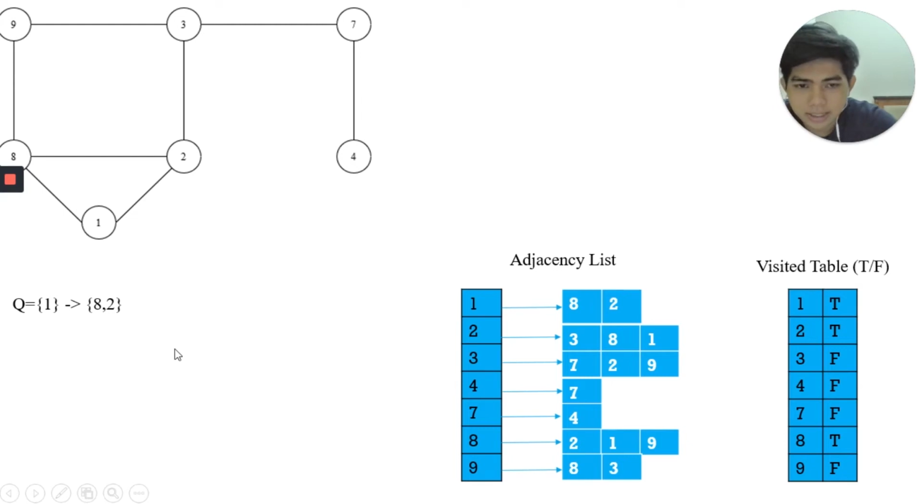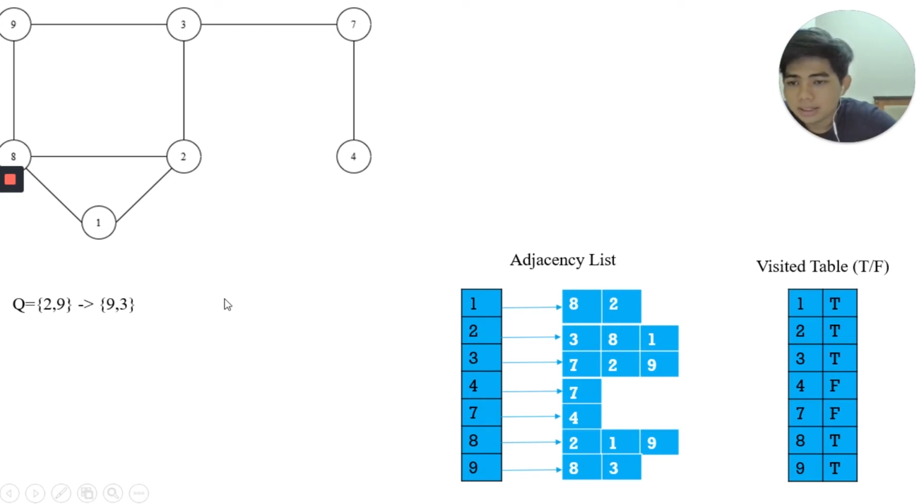Next, we dequeue 8, and then we enqueue its unvisited neighbor, which is 9, and we put the value T for 9 in the visited table.